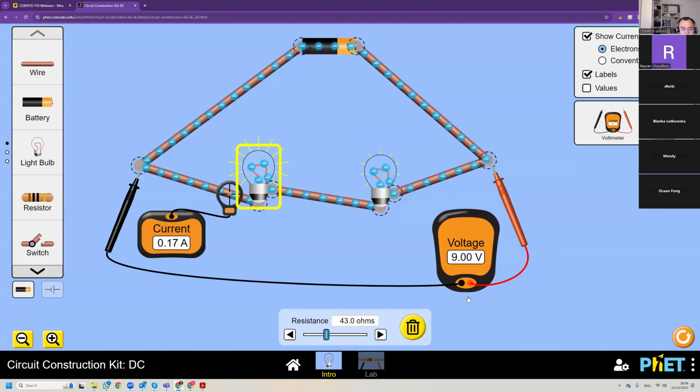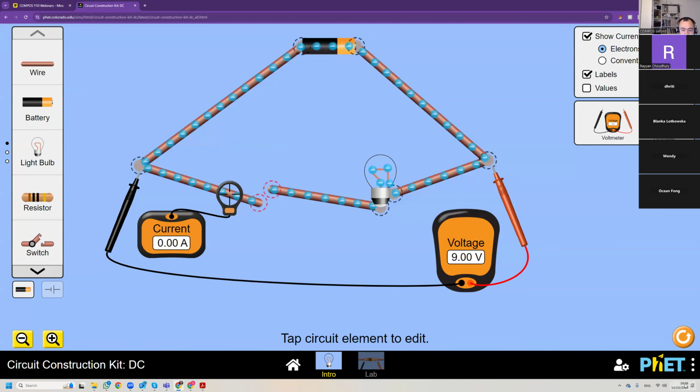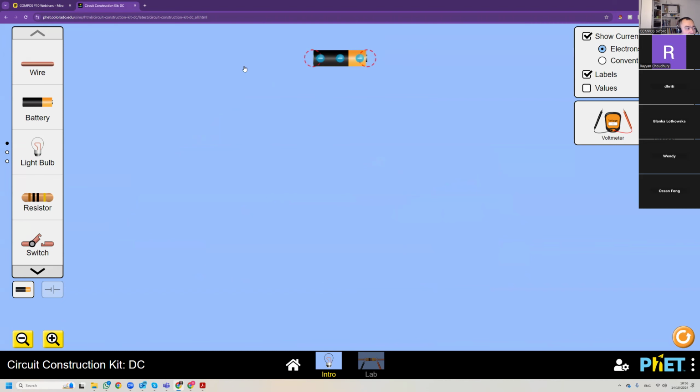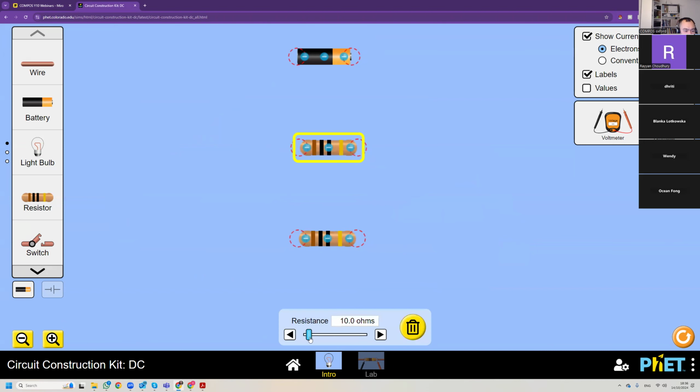So I'm going to clear everything. Okay, battery, resistor. Let's make this 20. And this is 10. And we're going to connect it.